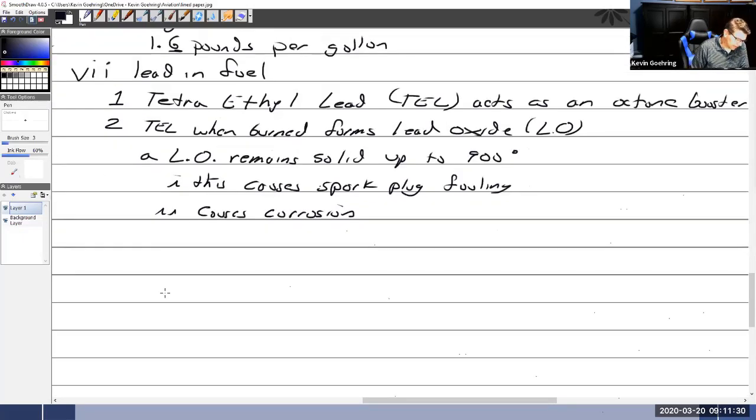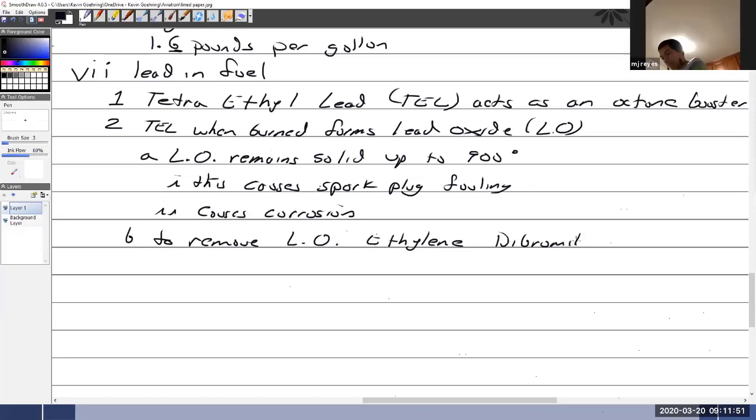So, all right, let me see. Well, all right, so to remove the lead oxide, ethylene dibromide is added.